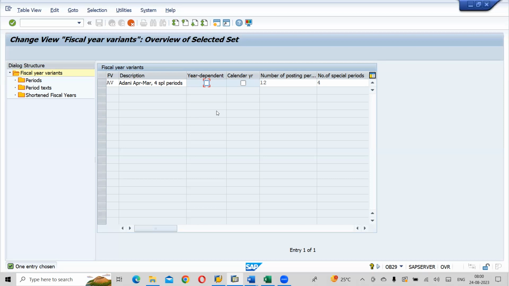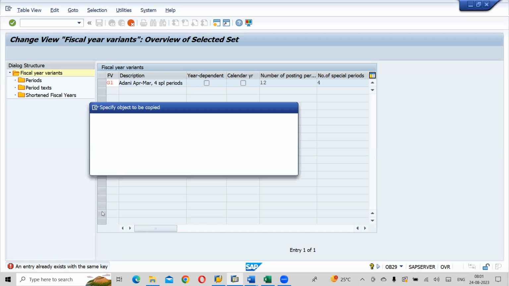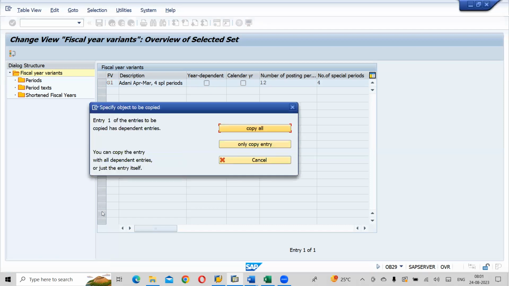Press enter. It's already there, so I'll make it G1. Let me check. G1, already AV is there, that's the reason I'm taking my variant name as G1. April to March. Now click on the Copy All button.